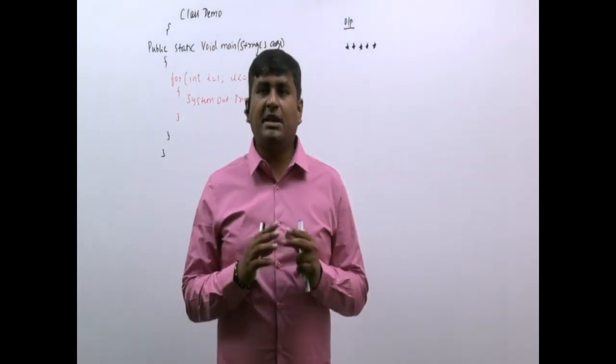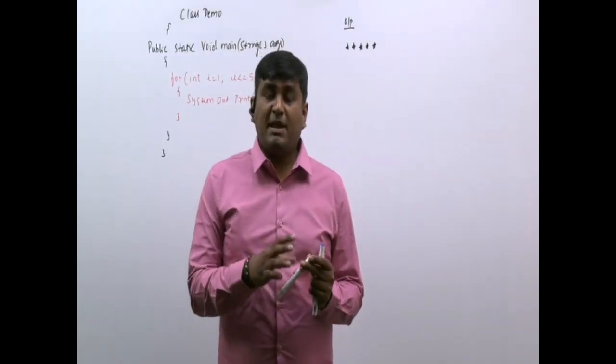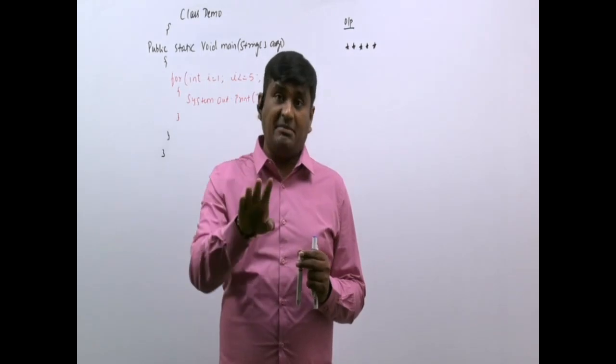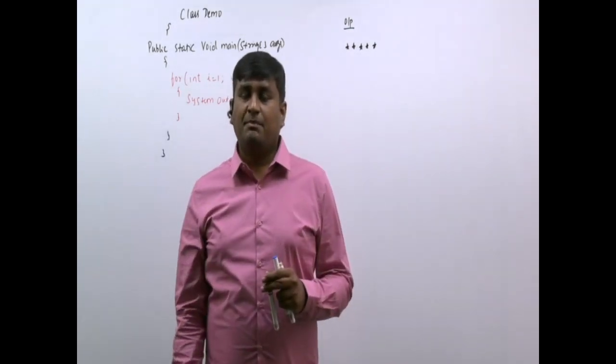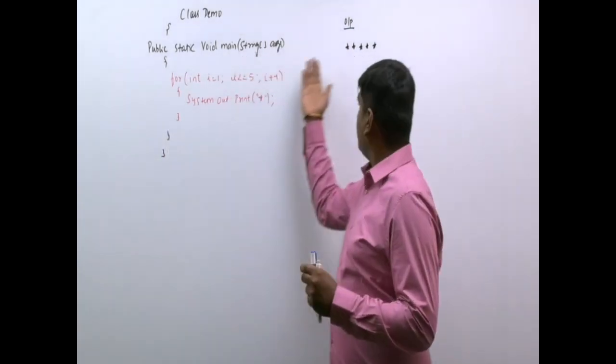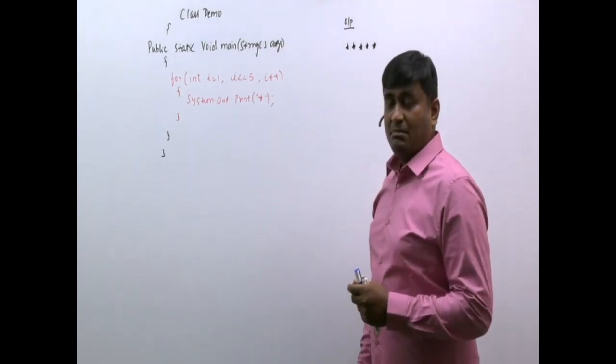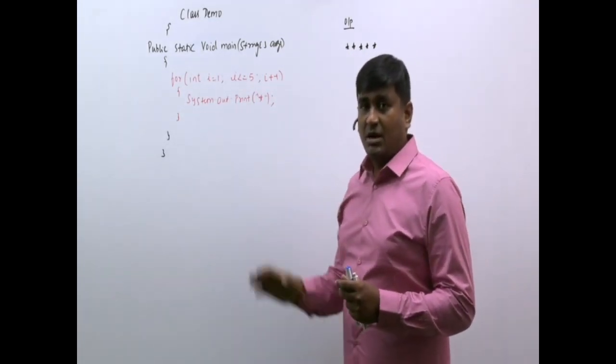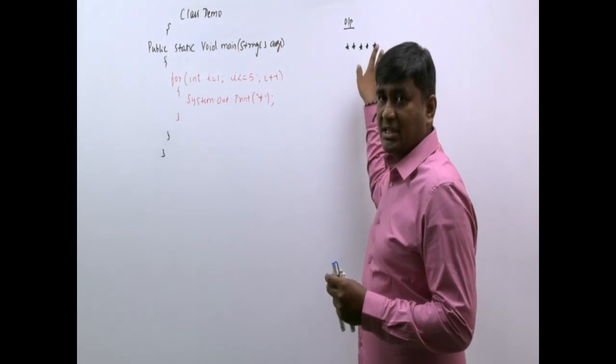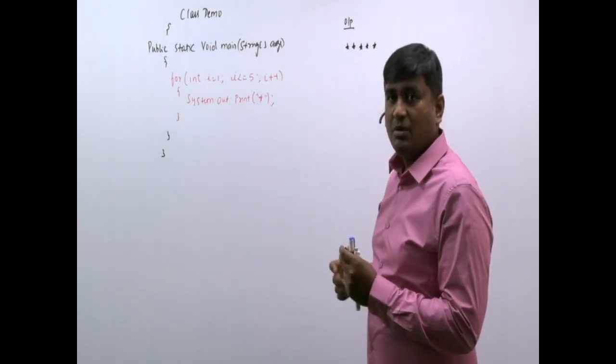Now my next requirement is you want to display 5 stars 5 times in the same row. In the previous program we were able to display 5 stars in the same row, but with a small modification, I want 5 stars to be displayed 5 times, and everything should be there in the same row. What does it mean, sir?